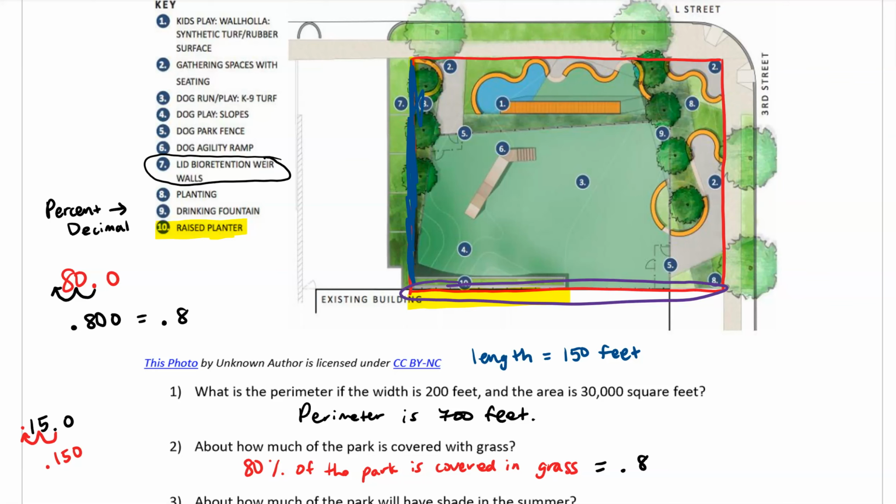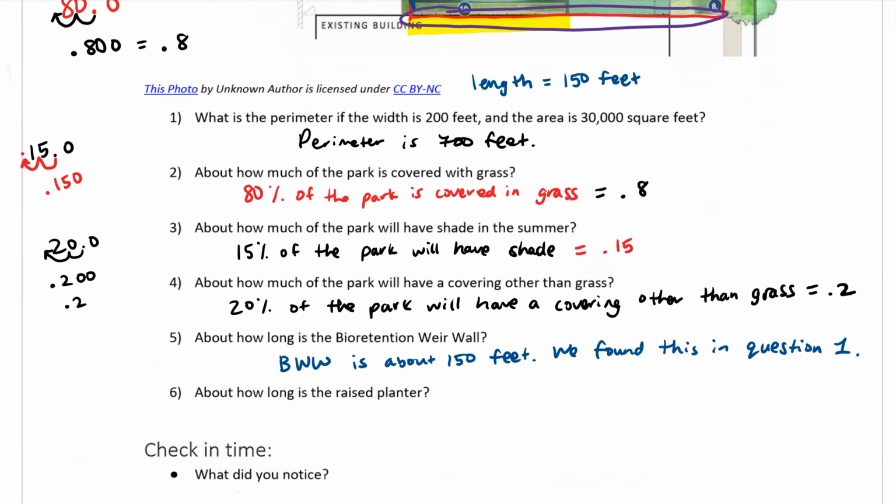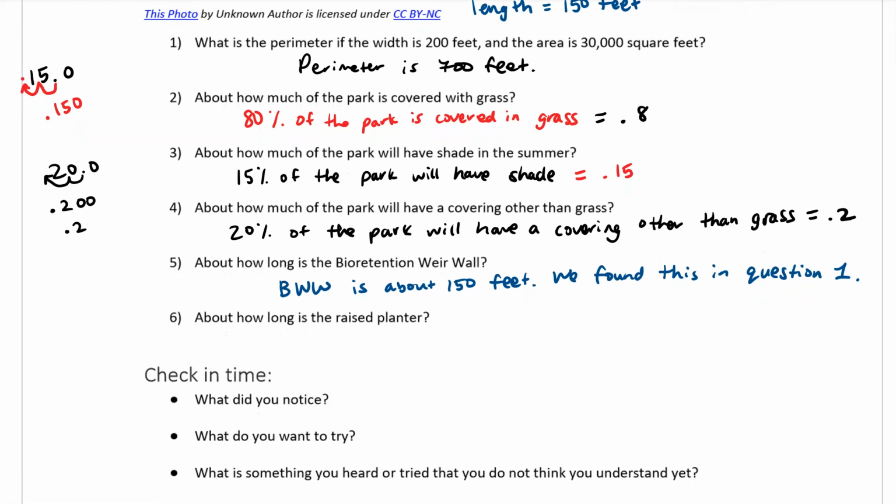So we're just estimating here. And we know that the width from problem 1 is 200 feet. So if the raised planter is about half that, then we can say the raised planter is about half of that, which is 100 feet.